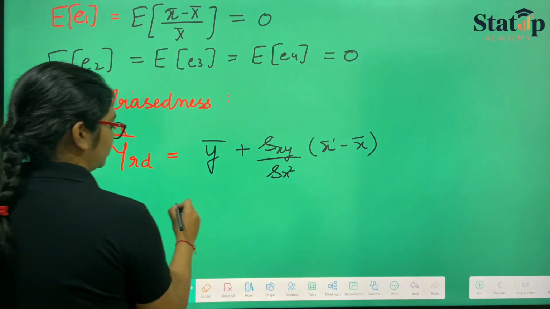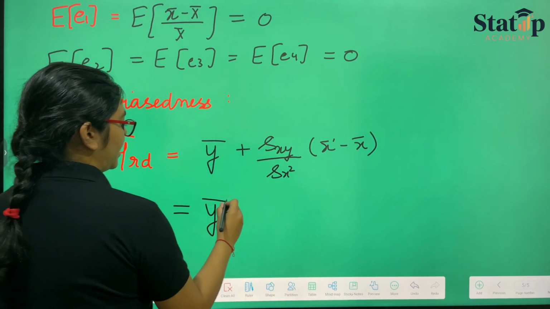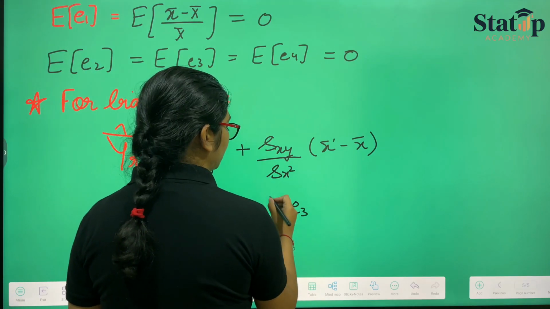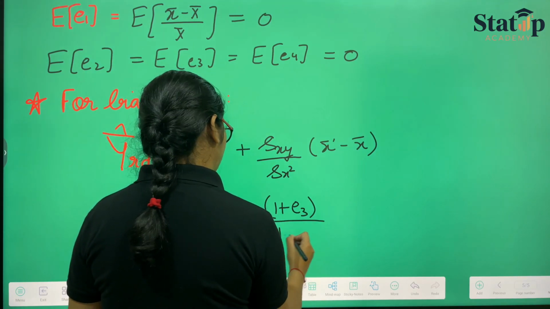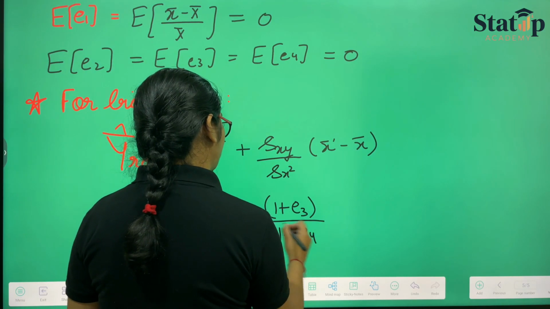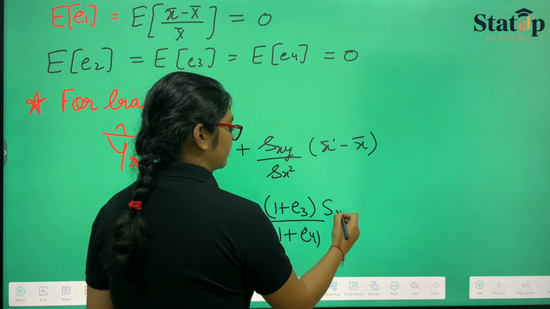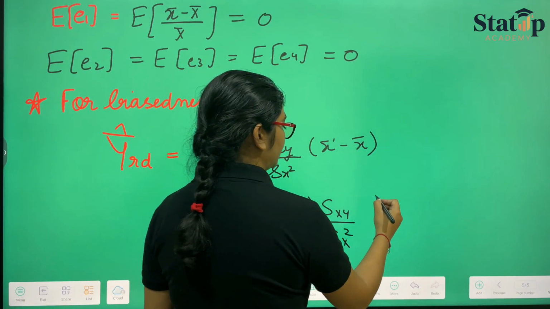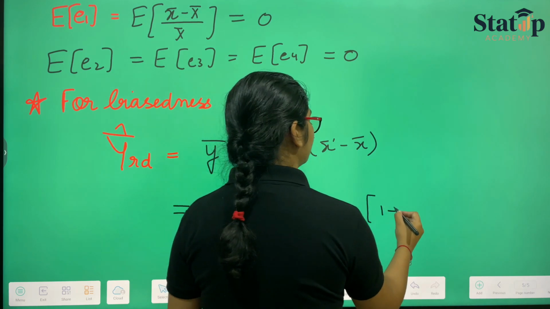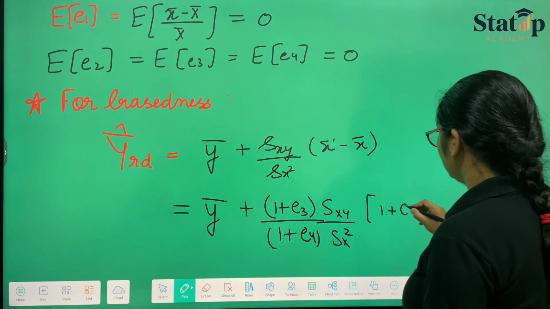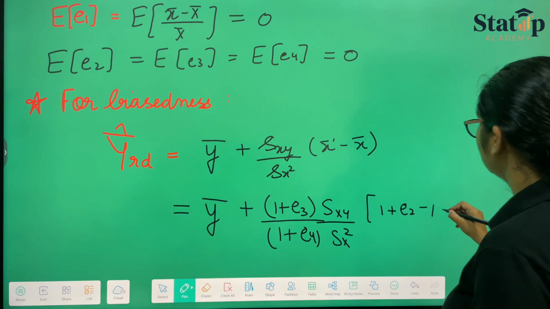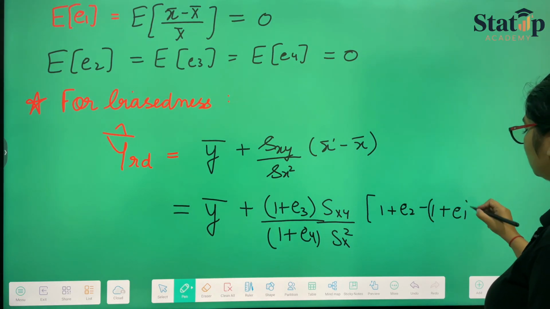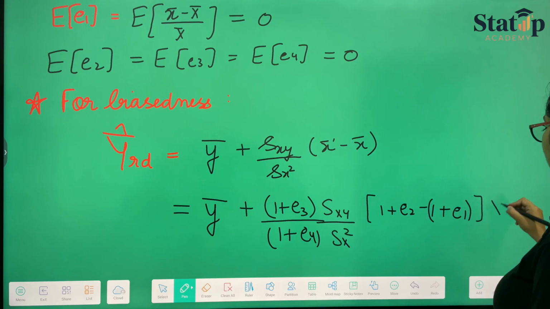Now putting the values here, we will be getting y bar plus (1 plus e3) upon (1 plus e4) sxy upon sx square into (1 plus e2 minus 1 plus e1) capital X bar.